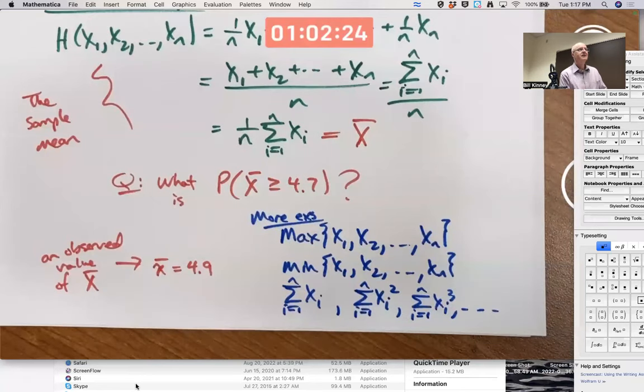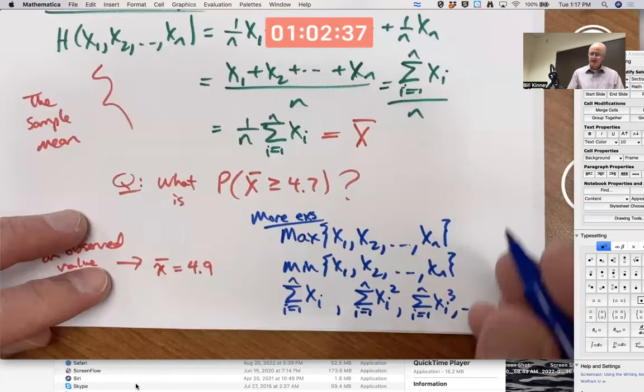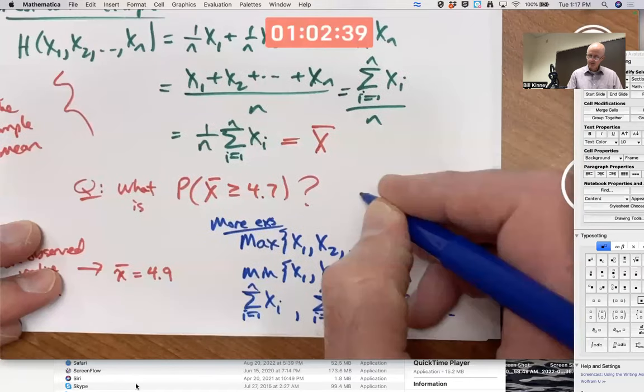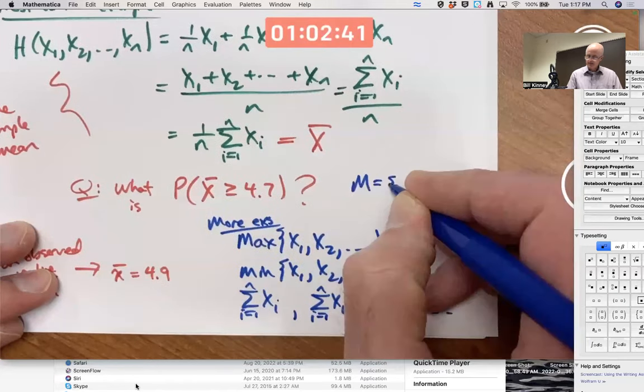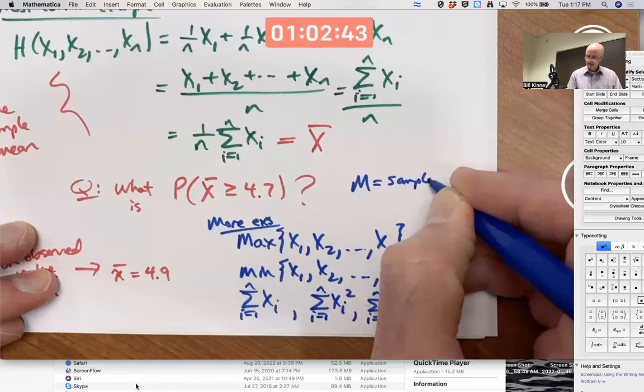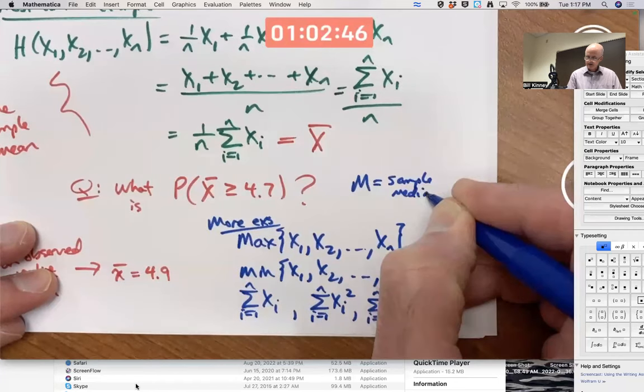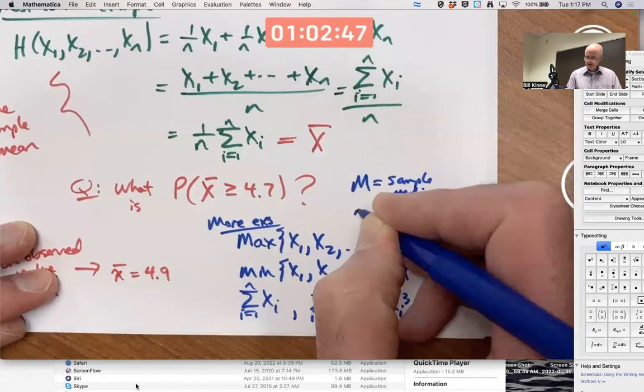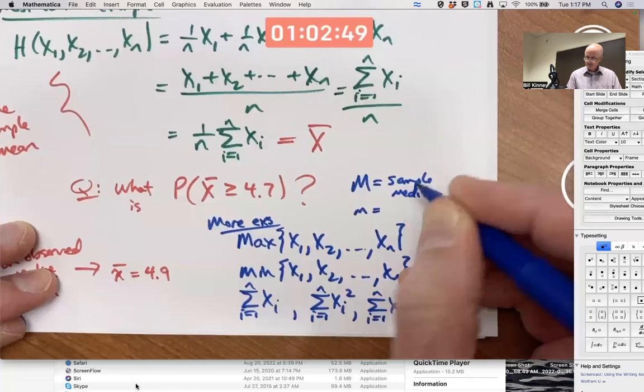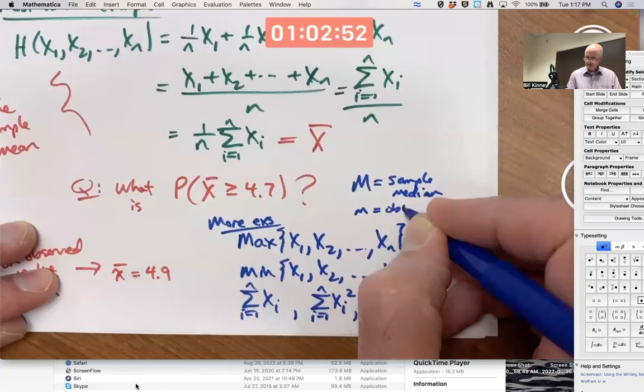A little bit more subtly, there's also something called the sample median, which you can't really write a formula so much for as describe. When you talk about a sample median, capital M is the sample median. An observed value would be little m, observed sample median.